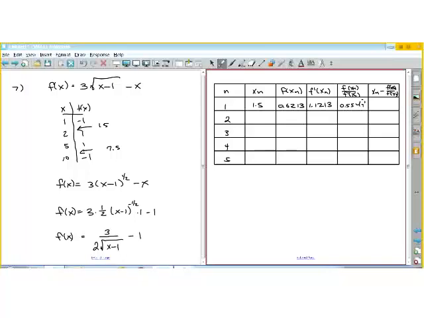Okay, f of x, 3 times the square root of 1.5 minus 1, minus 1.5, 0.6213, okay.